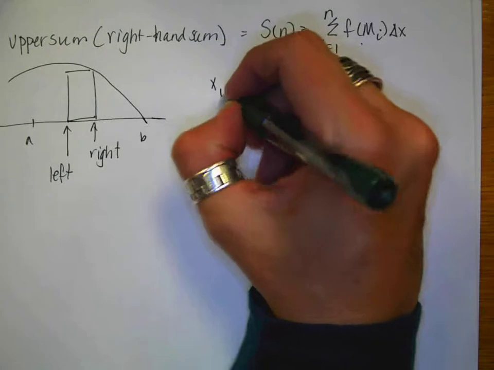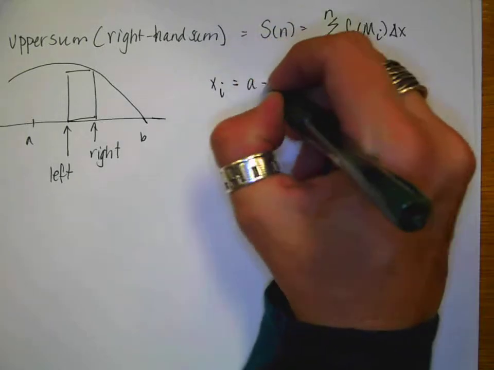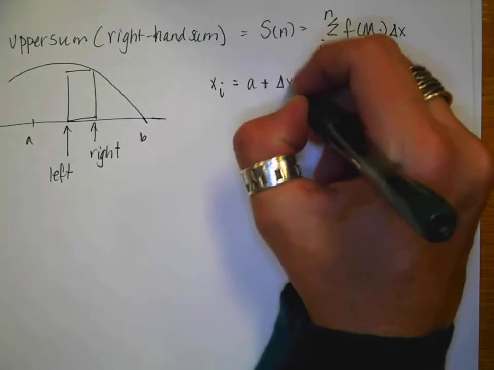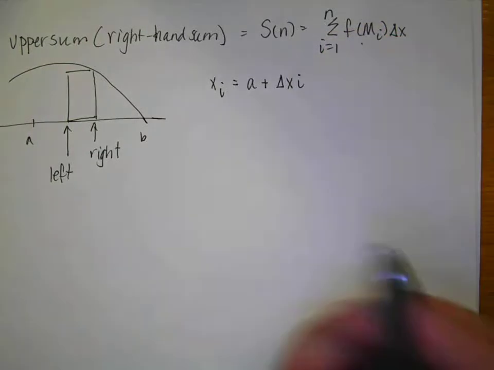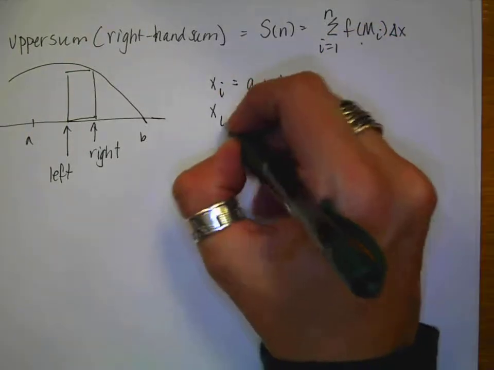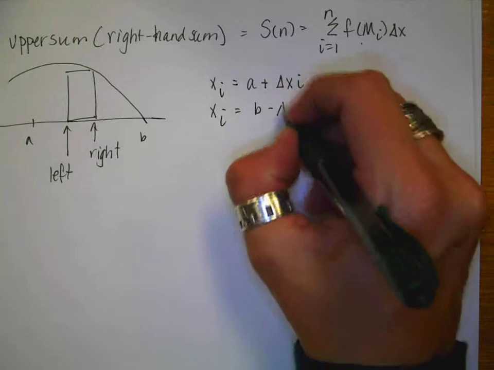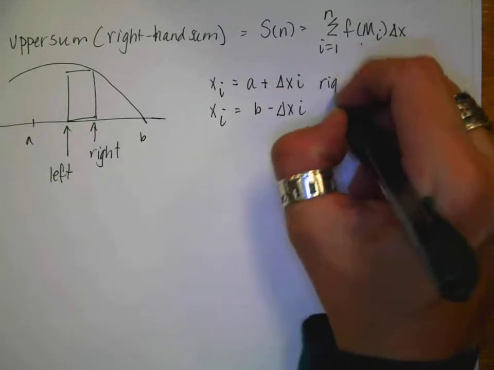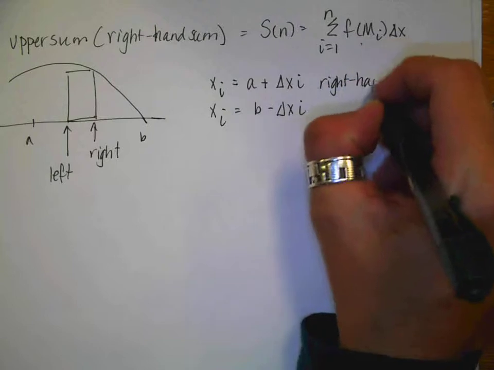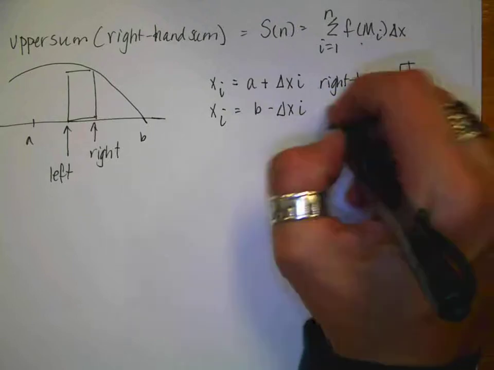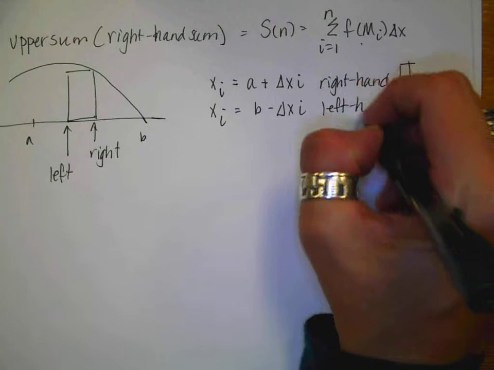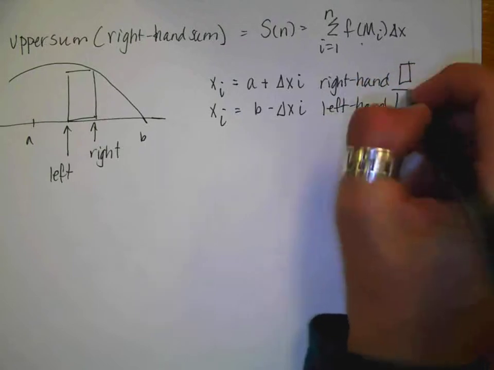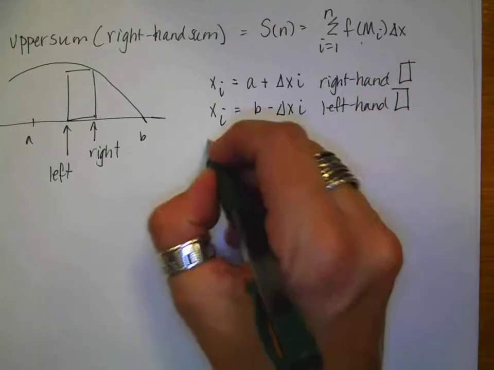So then my x sub i is going to be equal to a plus delta x times i, and then my x sub i could be b minus delta x times i. This one is the right-hand side of your rectangle, and this one is the left-hand side of the rectangle.